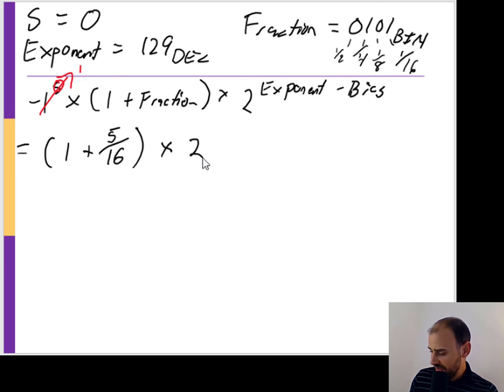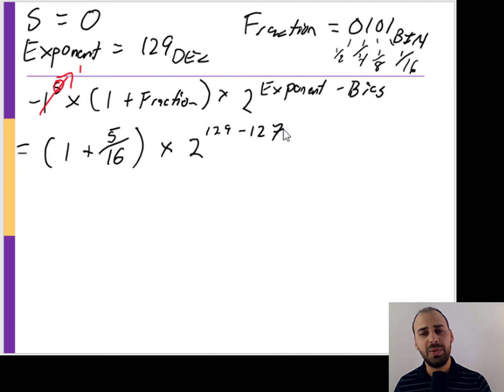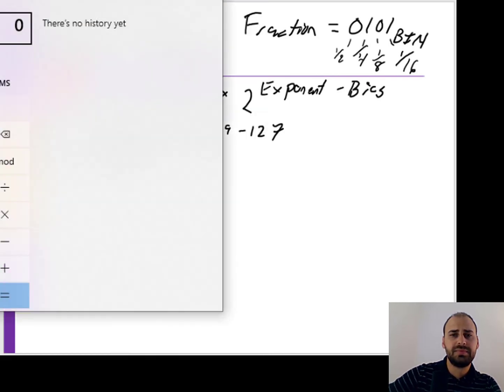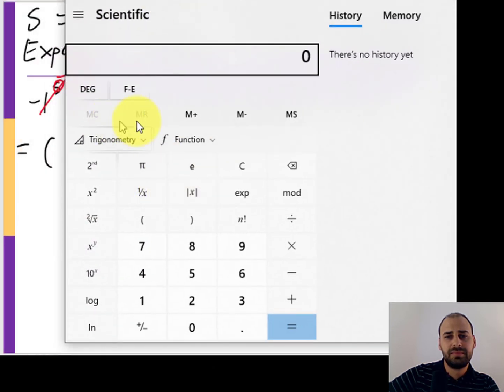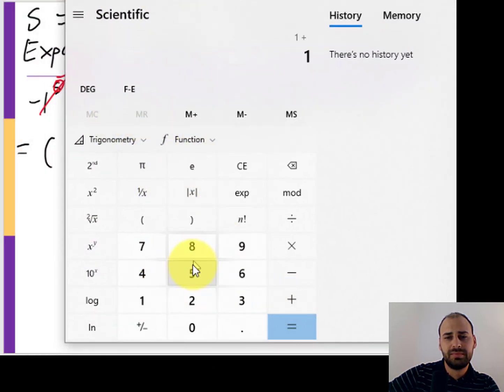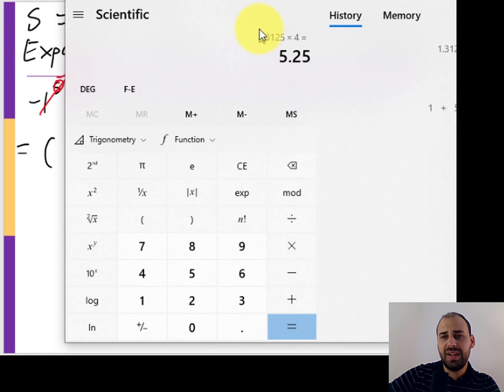We know our exponent is 129 minus the bias, and the bias we know is 127. So it's going to be times 2 squared, which is 4. Let's plug this into a calculator real quick, and we should get a result of 5 1/4. We multiply that by 4, and we get 5 1/4.